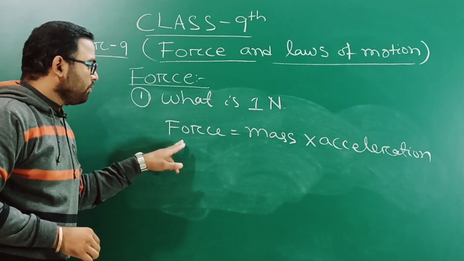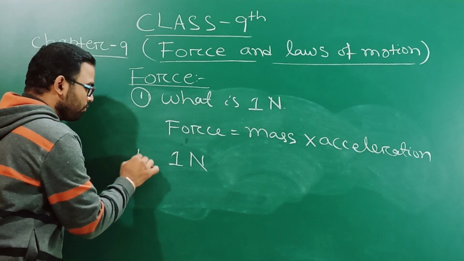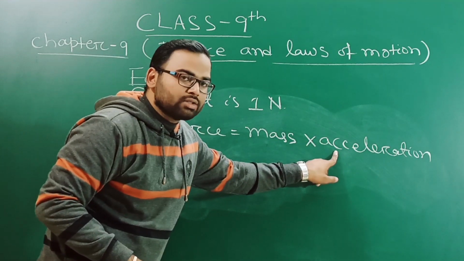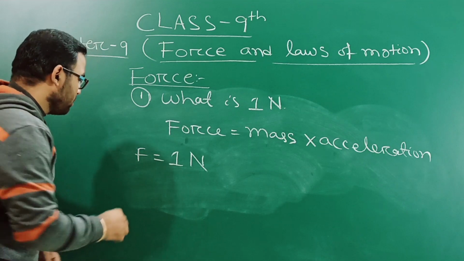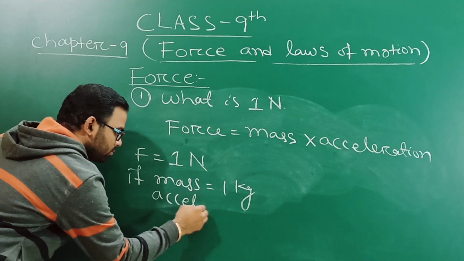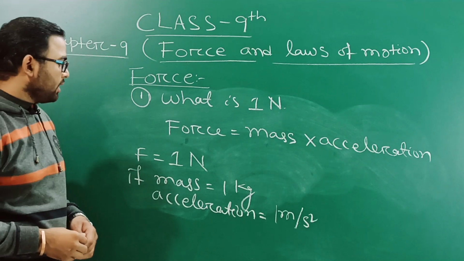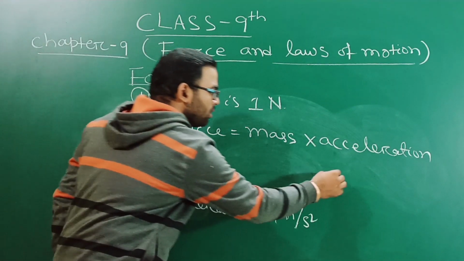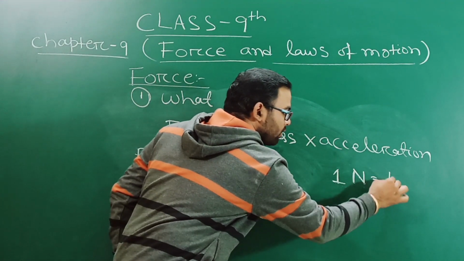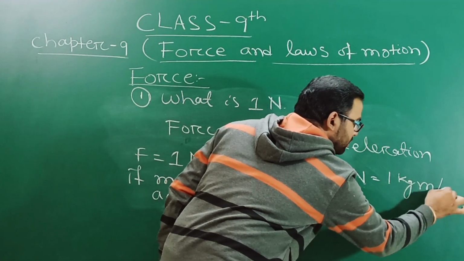If we know that the force unit is 1 Newton, force equal to 1 Newton, if the mass of a body is 1 kg and the acceleration of the body is 1 meter per second square, then how can we define 1 Newton? 1 Newton means force is equal to mass, 1 kg, into acceleration, 1 meter per second square.